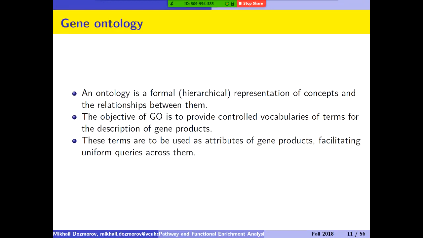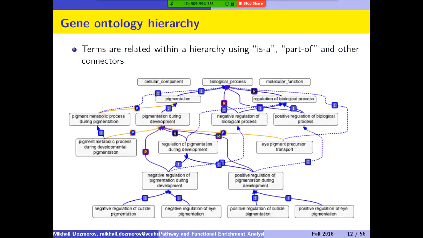The objective of gene ontology is to provide controlled vocabularies of terms for description of gene products. Those terms are used as attributes of gene products, facilitating understanding some functions about them. You can query the gene ontology database and get functions of those genes and make some conclusions about them.